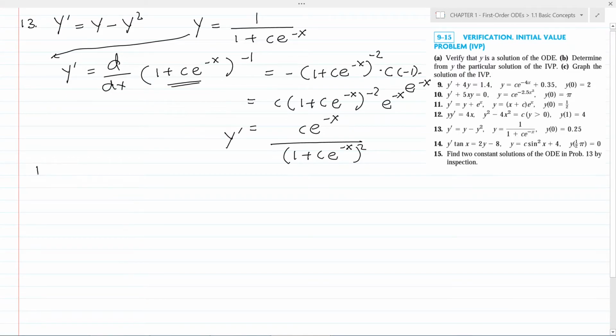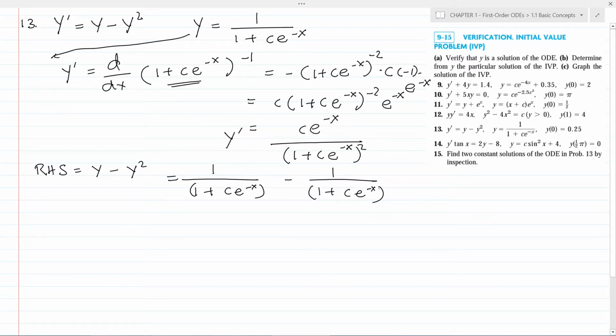The right hand side of the original equation is y minus y square, which is equal to 1 by 1 plus c e to the power minus x minus 1 by 1 plus c e to the power minus x raised to 2, which is equal to 1 plus c e to the power minus x raised to 2, 1 plus c e to the power minus x, and the right side is minus 1.